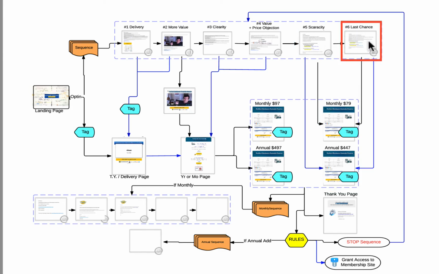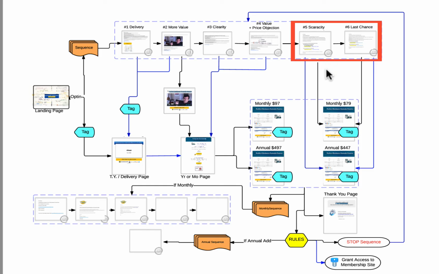The sixth one is the last chance, just letting them know, hey, here's your last opportunity to get it at this discounted price. You can continue the sequence after this, but this is as far as we've mapped out right now. Both the scarcity and last chance emails go to the discounted prices.